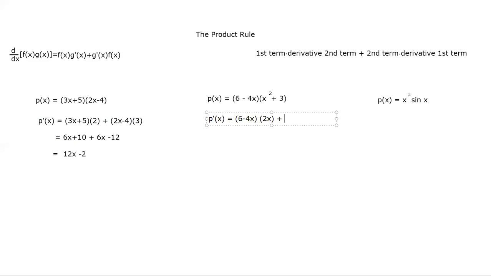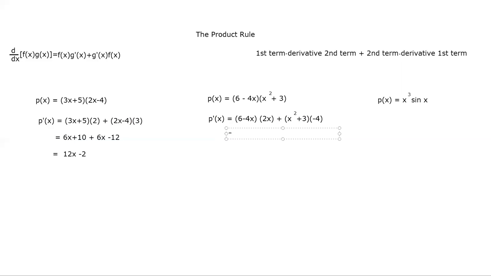Now, the second term is x squared plus 3. Of course, I'm going to come back and put the exponent in, times the derivative of the first term, which is negative 4. Okay, now I'm going to do that and come back and put my exponent in.